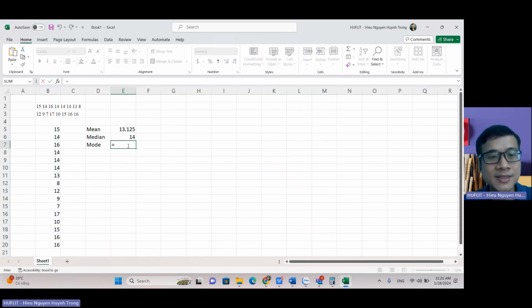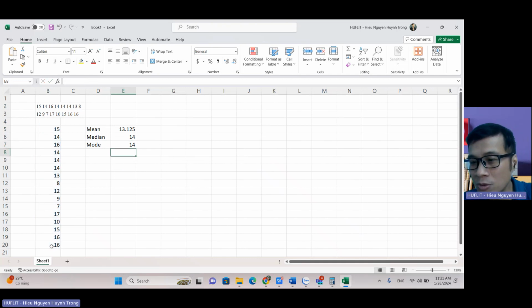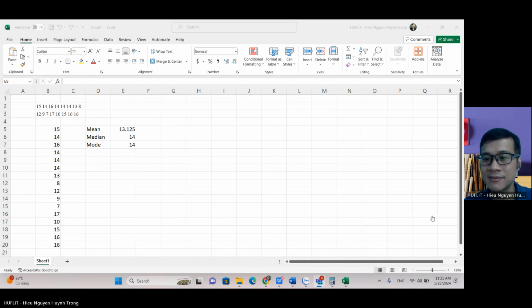For the mode you press equal, and it gives you the mode too. You scan the data, close the bracket. Again the mode is 14. Why? Because that number occurs most frequently.